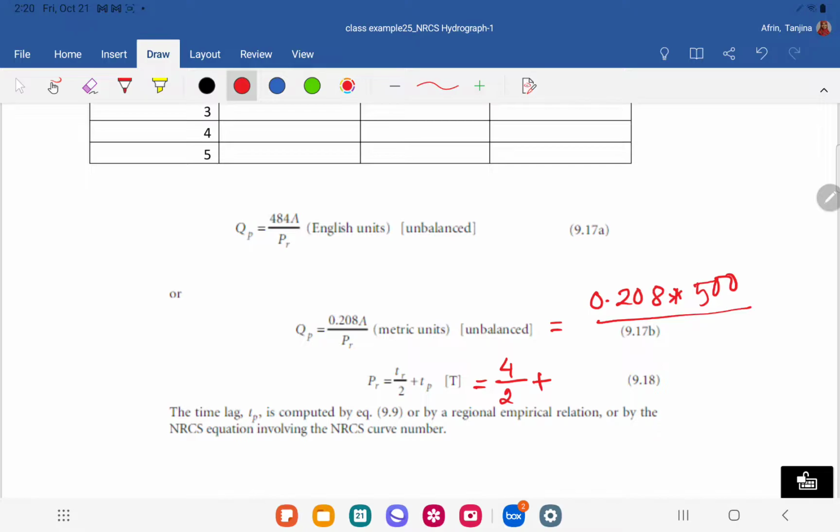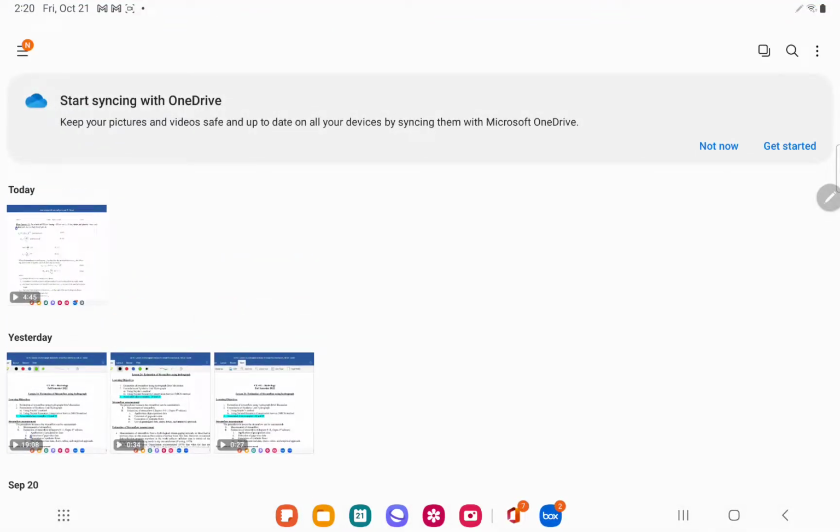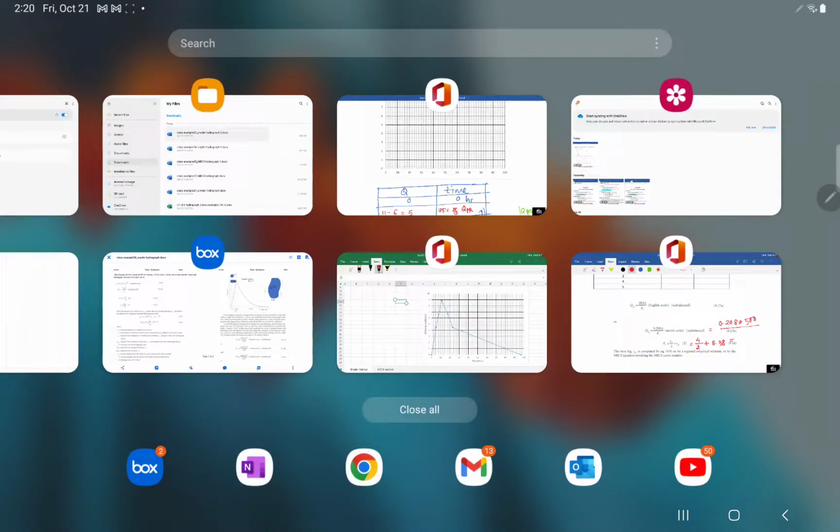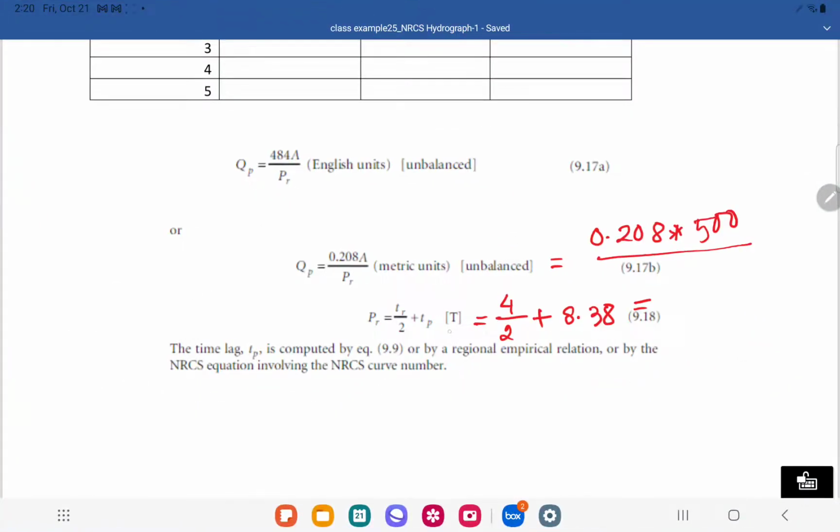and the TP was actually 8.38. TP was based on the channel geometry, that is, the time to reach the peak. That's the TP, so here we used 8.38.